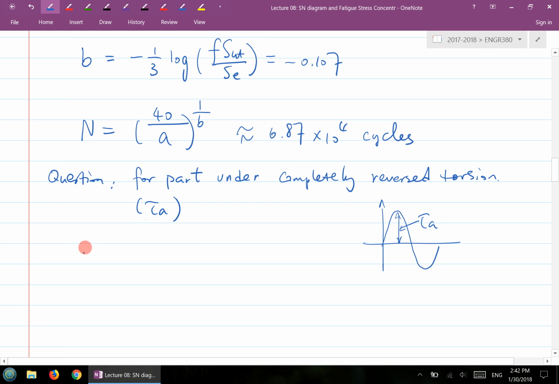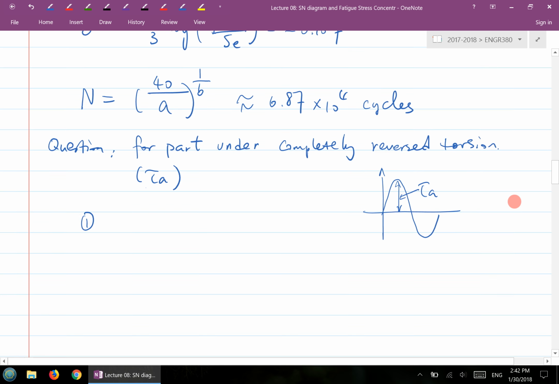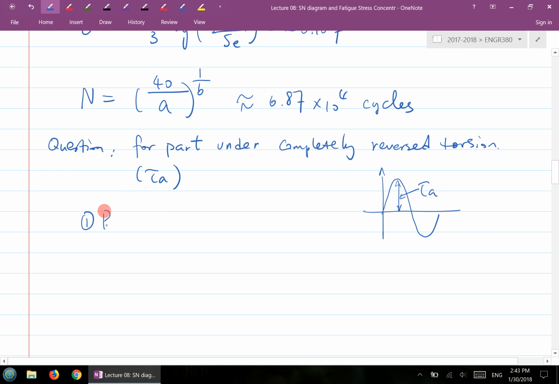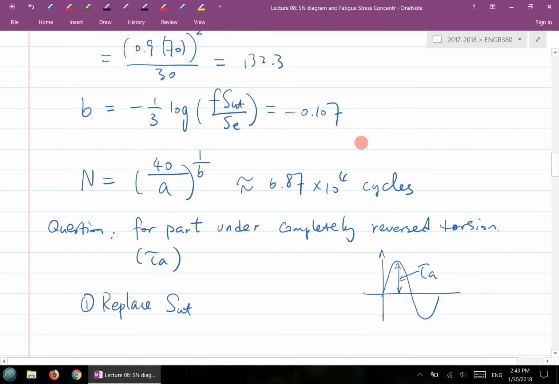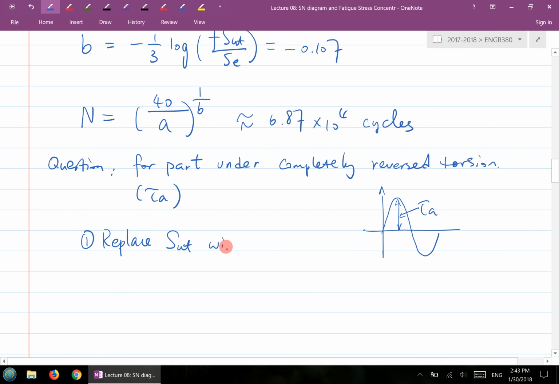There are a number of steps you need to do here, but we don't need to redo everything. If you look at the formula, we have SUT. If it's subject to completely reversed torsion, we replace SUT, the ultimate strength, with the ultimate shear strength, SSU.